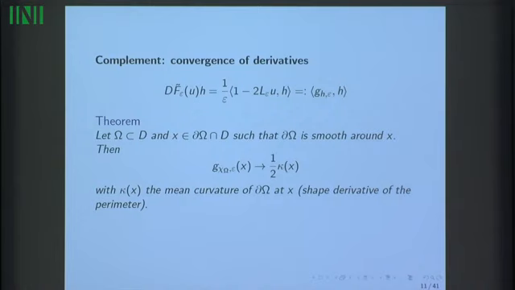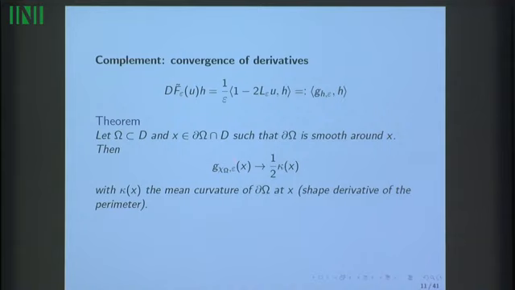We consider optimality conditions: for this approximate functional, you calculate the Fréchet derivative. It's very classical, you obtain this, and this gradient of the approximate functional converges pointwise at a point x on the boundary.